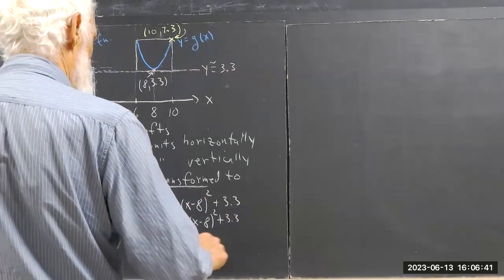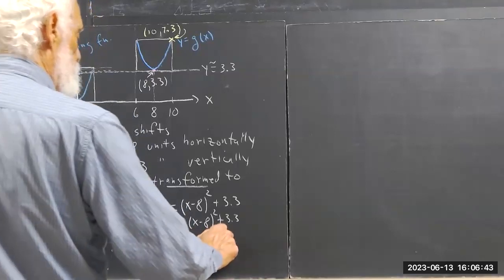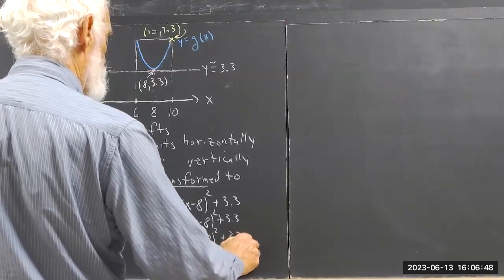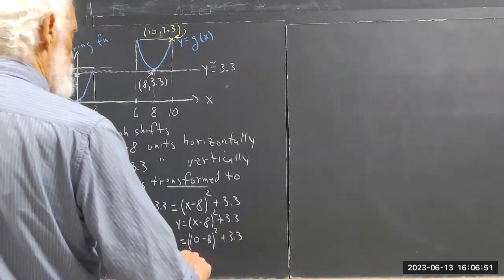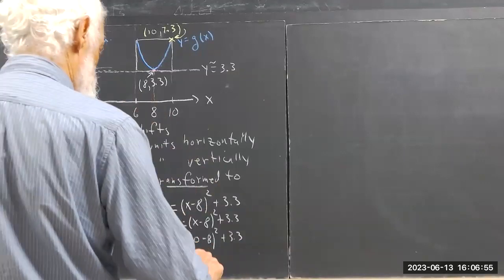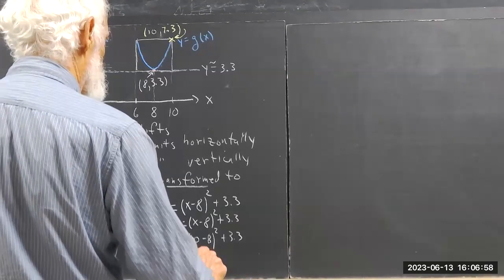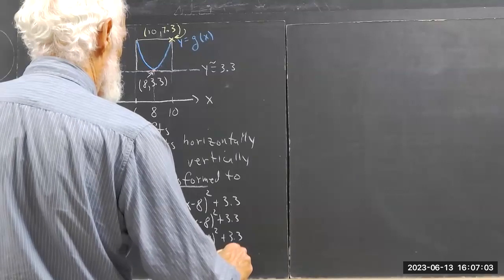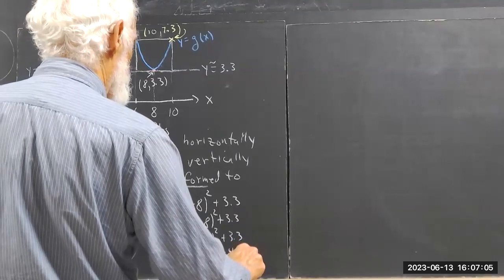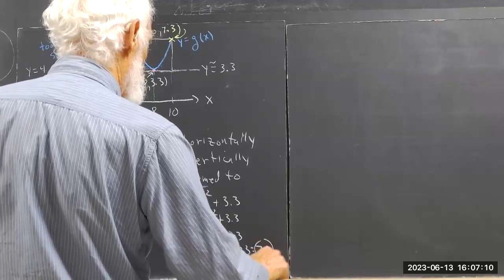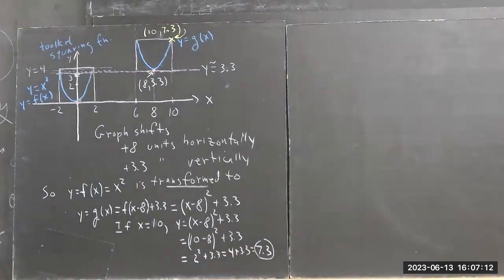Okay. So anyhow, we replace x by 10. We get (10 minus 8) squared plus 3.3. And do this arithmetic yourself. If you haven't done it by the time I write it down, pause and do it. Okay, that gives us 2 squared plus 3.3, which is 4 plus 3.3, which is, lo and behold, 7.3. Exactly what it should be.